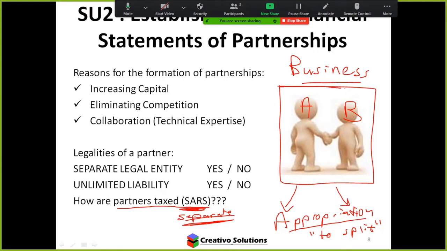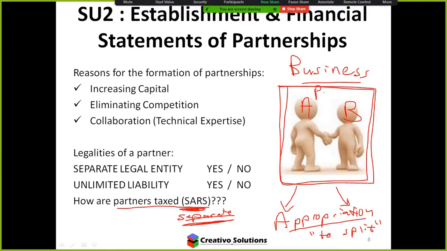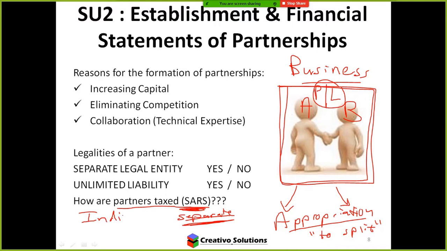Whatever happens in the business must be split. So if the business makes a profit or a loss, that profit or loss must be appropriated. It needs to be split between each partner. A gets a share, B gets a share. And the reason for that is in the eyes of the law, as you said in the chat, they're individuals. They're separate. SARS views them as being separate, the law views them as being separate.